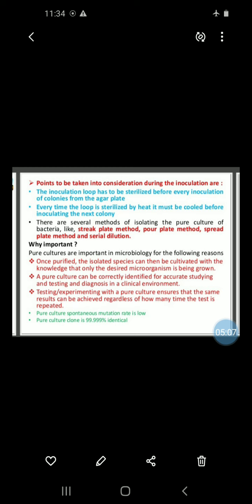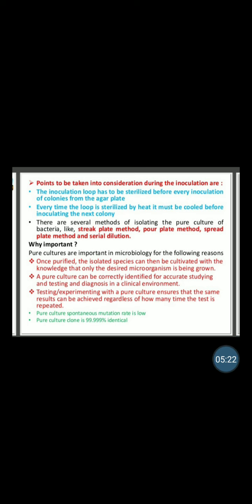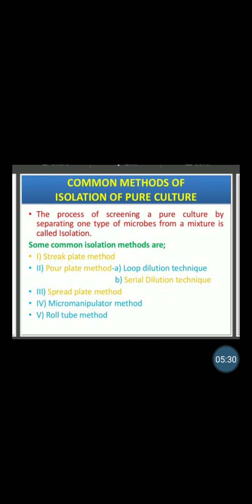Next, experimenting with a pure culture ensures that the same result can be achieved regardless of how many times the test is repeated. Also, in a pure culture the spontaneous mutation rate is low, and the clone is 99.99% identical.